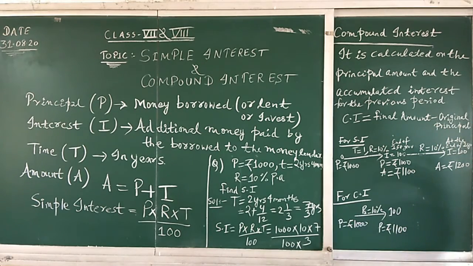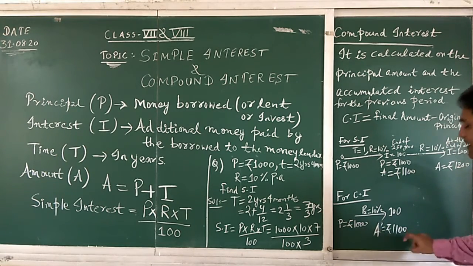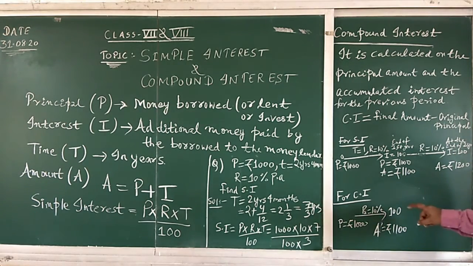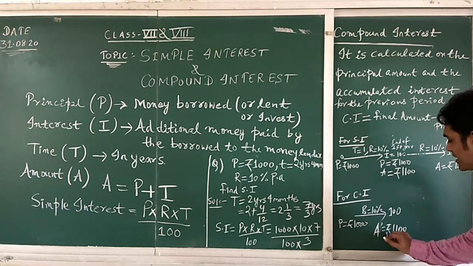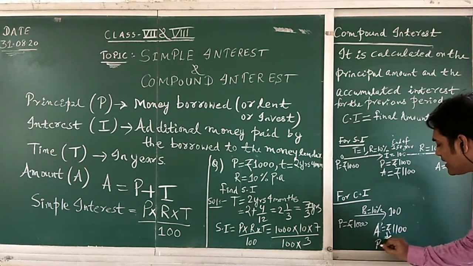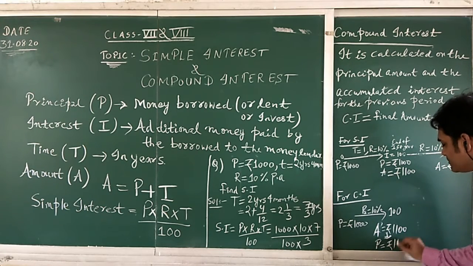Your principal now becomes 1100. Why? Because after 1 year, your principal amount is 1000 and your amount is rupees 1100. So in compound interest, your amount after 1 year becomes the principal of the second year.